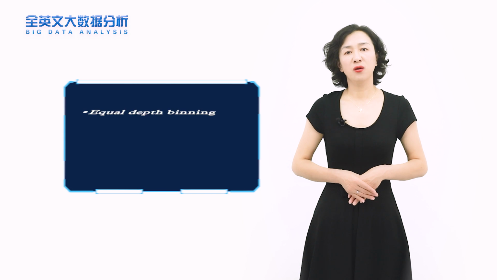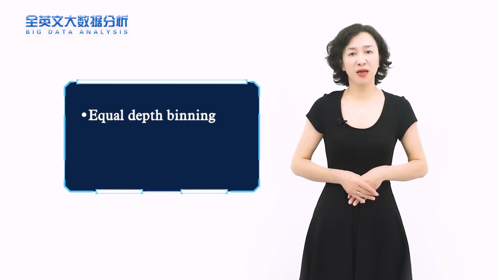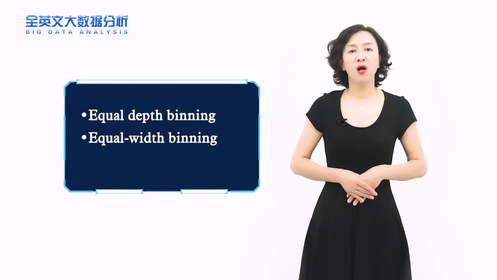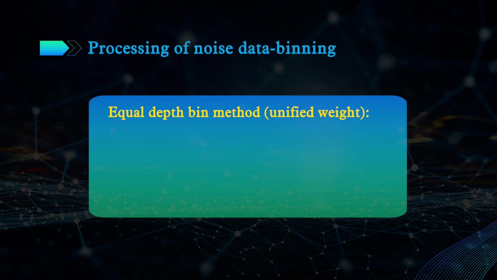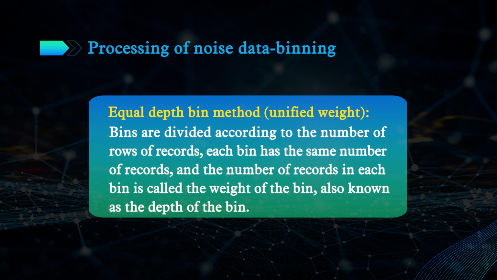The ways of how to sort the record set before binning include equal-depth binning, equal-width binning, or user-defined interval binning. Let's look at them one by one. In the equal-depth binning method, bins are divided according to the number of rows of the records.